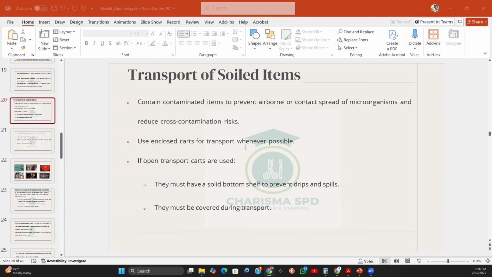Now, the recommended transportation device is the enclosed cart.